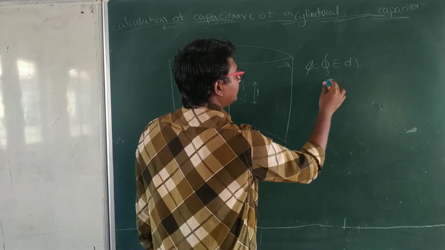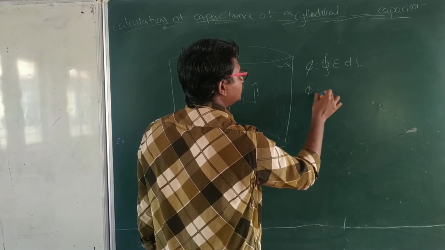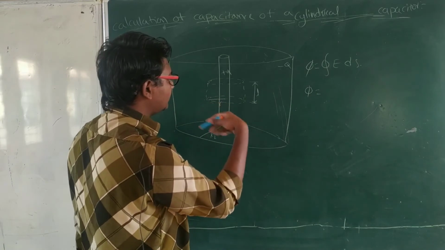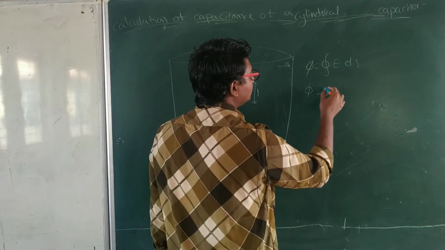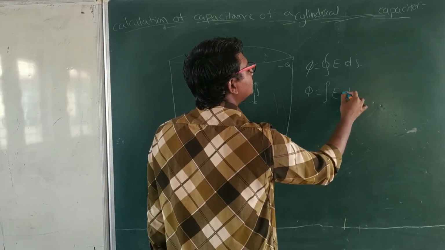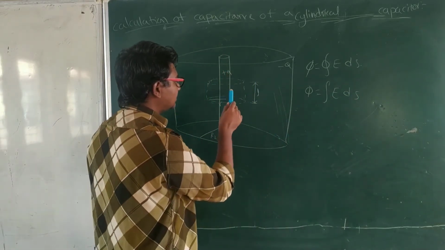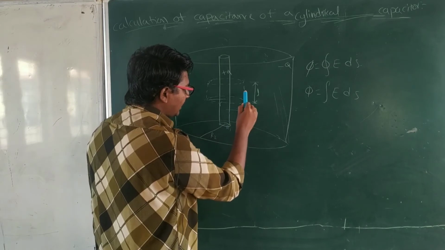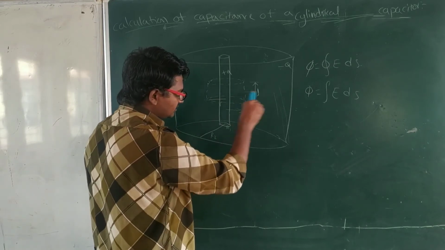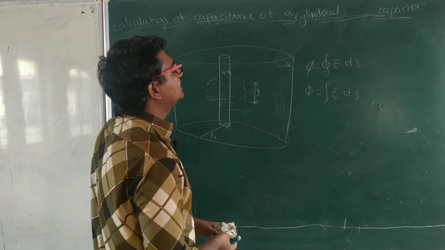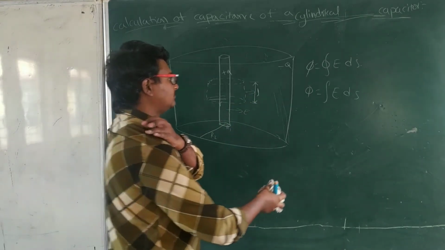Now phi is equal to integral E into ds over the Gaussian surface. The electric field is going radially outward, and the area vector of this curved surface is also radially outward, so the angle between them is 0. That's why we can simply take integral E ds.